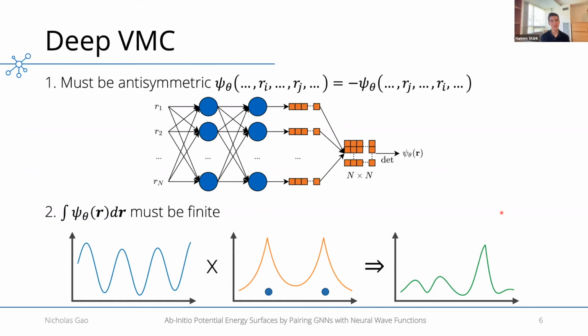Trick number 2 is that you take the final output of what we have in trick number 1, and multiply it with some function that only takes on high values around the electron locations and is very small everywhere else. That way our integral is always finite.